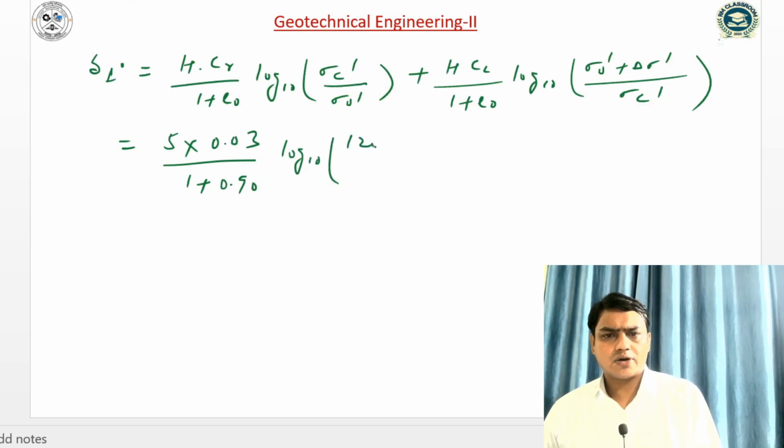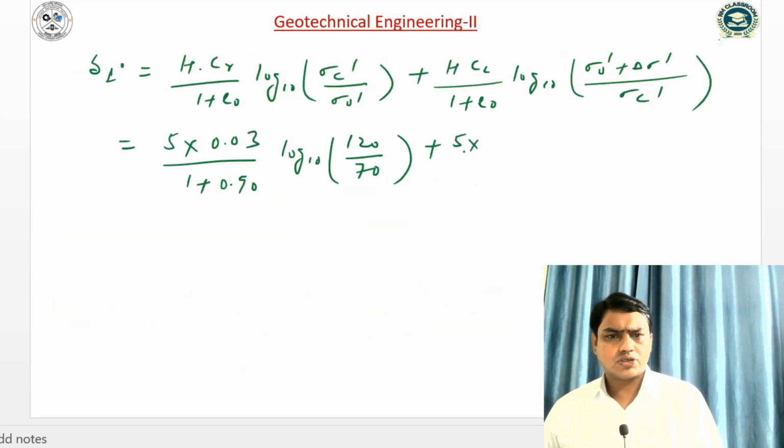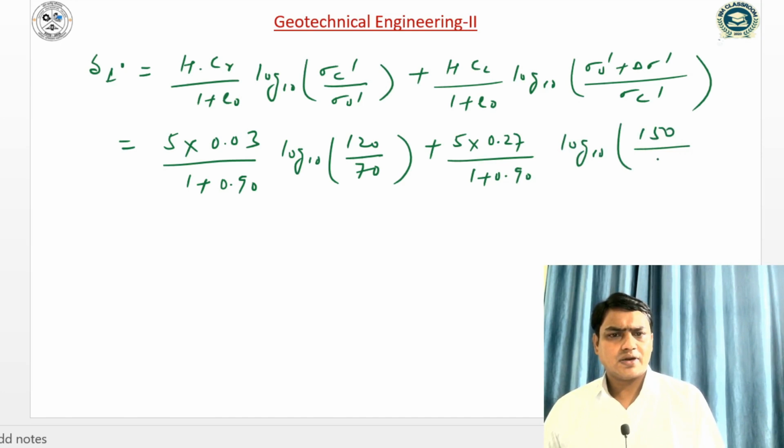Pre-consolidation stress is 120 divided by 70, plus 5 into compression index, given 0.27, divided by 1 plus 0.9, log to the base 10 of sigma 0 dash plus delta sigma dash, that is 150 divided by 120.